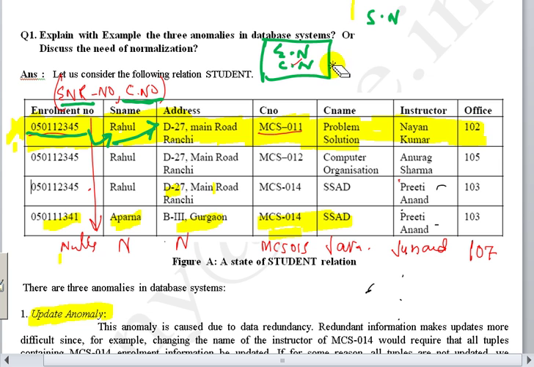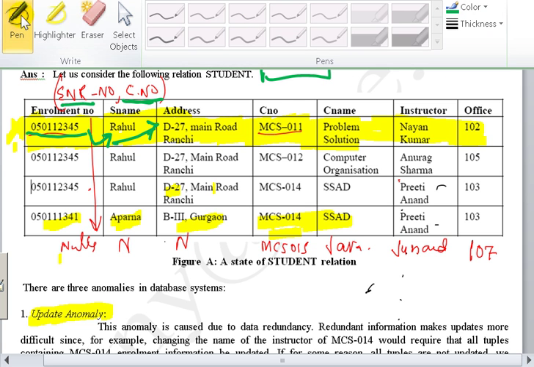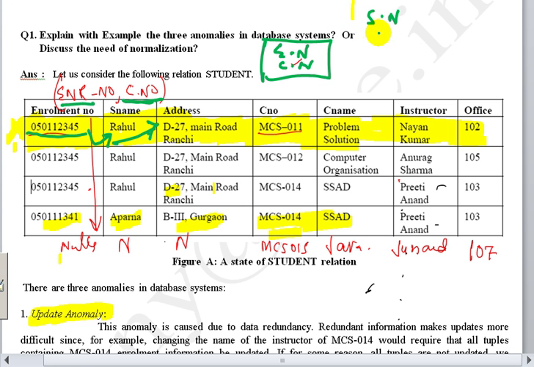Okay, so what I am saying basically is that I am having student name, we have address, right? This enrollment number determines student name and address. So these are not fully dependent on the key, which is a composite key here.